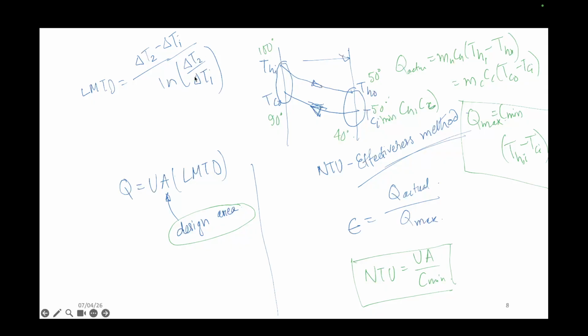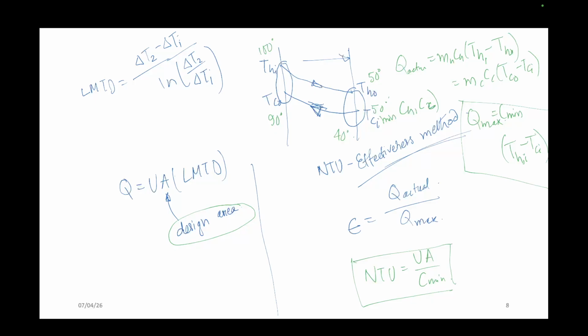And if this value is more, then LMTD will be less. That means Q will be less. Again, if del T2 is less compared to del T1, ultimately this term will be very less. So you can easily understand the phenomena.